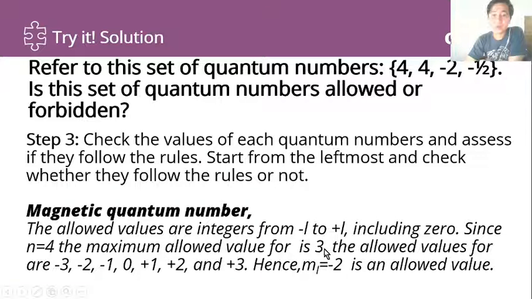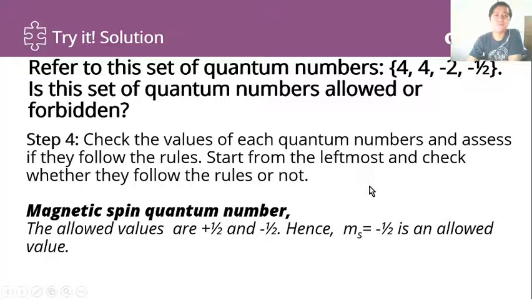If L is equal to 3, then m sub L goes from negative L to positive L. So that would be negative 3, negative 2, negative 1, 0, positive 1, positive 2, and positive 3. Hence, m sub L equal to negative 2 is an allowed value.